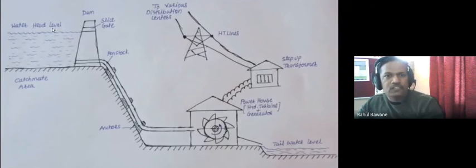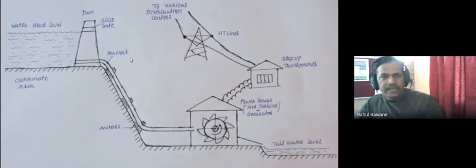We store this water by erecting a dam. The dam has a sluice gate, which is simply an open channel. If there is excess water storage, the excess water will overflow through this sluice gate and our dam will be safe.